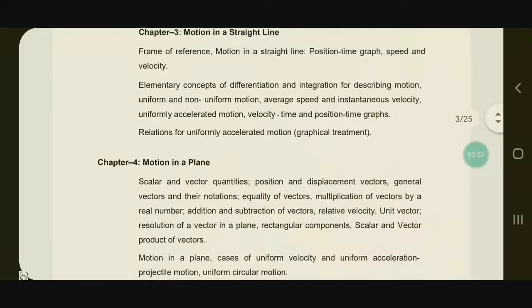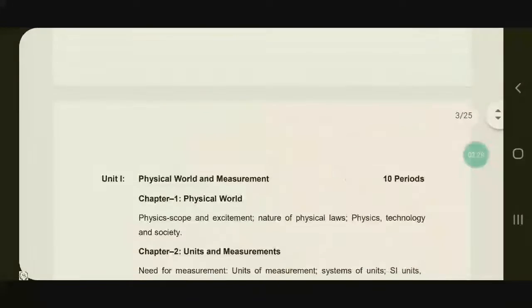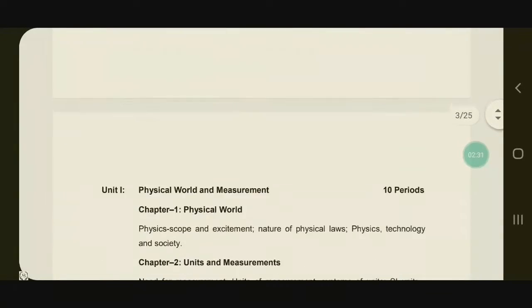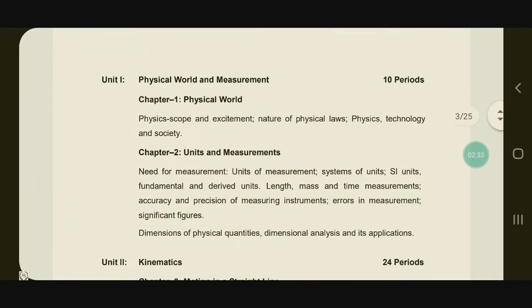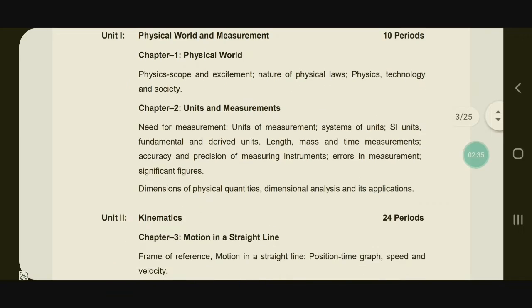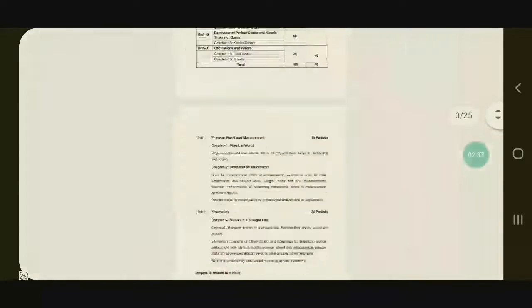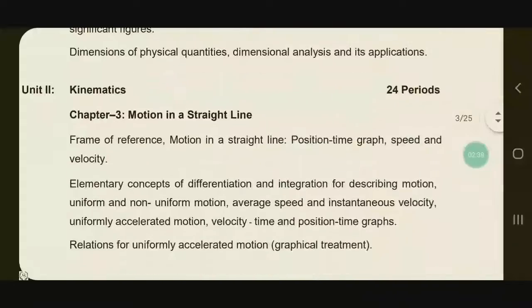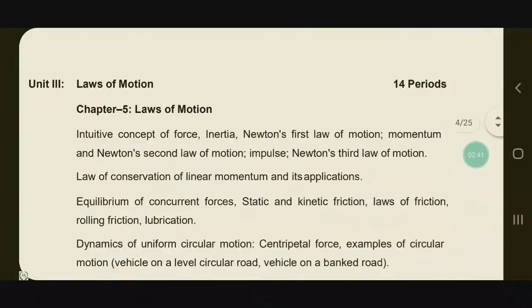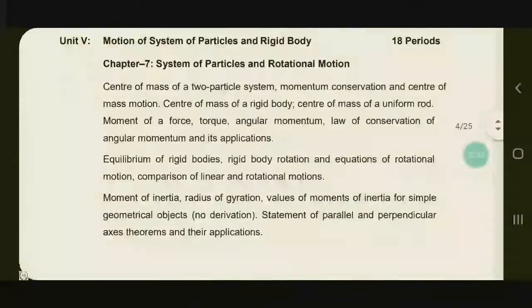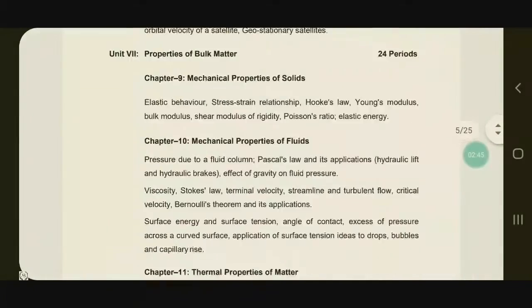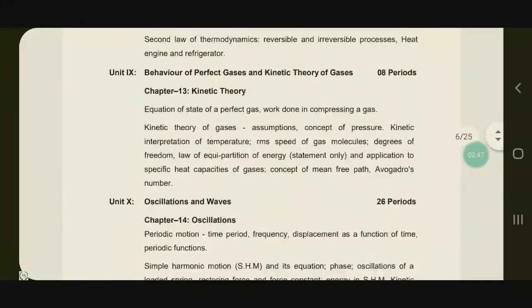Now here is some elaborated syllabus also given to you, that in which chapter what topics you should cover. So it is whole information given to you. On scrolling down more, you can now see your practical syllabus also.